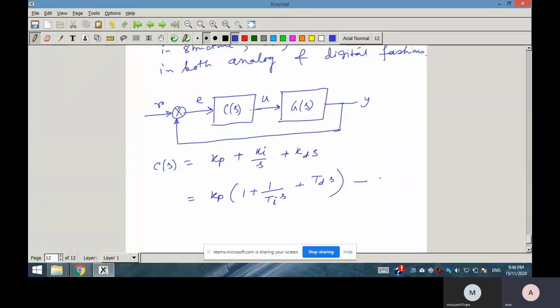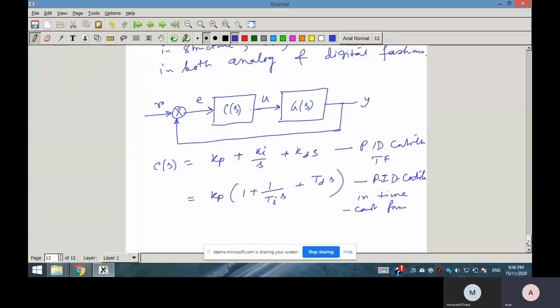This is your PID controller transfer function in time constant form.